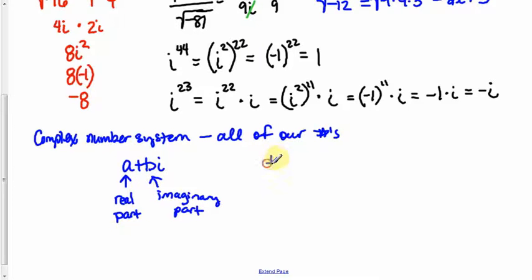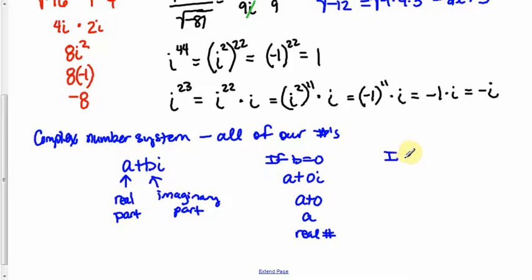If b equals 0, then look what happens. You're left with a plus 0 times i, which is just a plus 0, which is just a. A was what? Real, wasn't it?